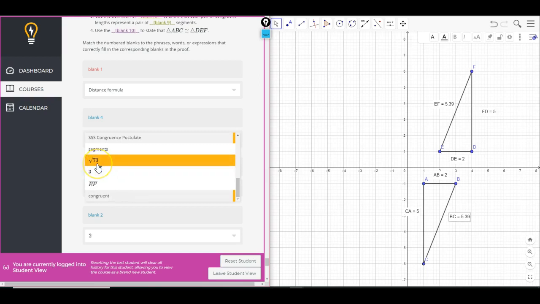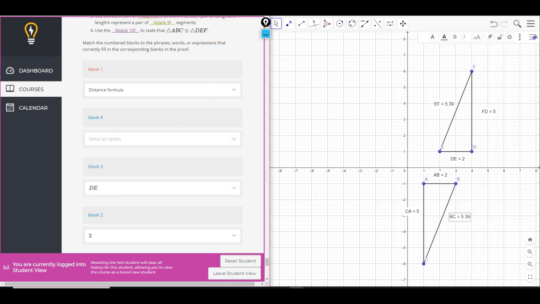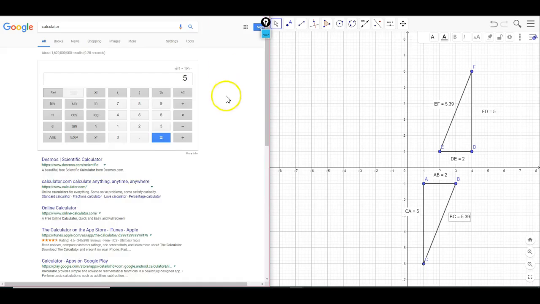I do see the square root of 73 and the square root of 29. So this is what I'd do. Pull out a calculator, type in the square root of 29. That's 5.385, which would round to 5.39, since the 5 would round that 8 up to a 9.